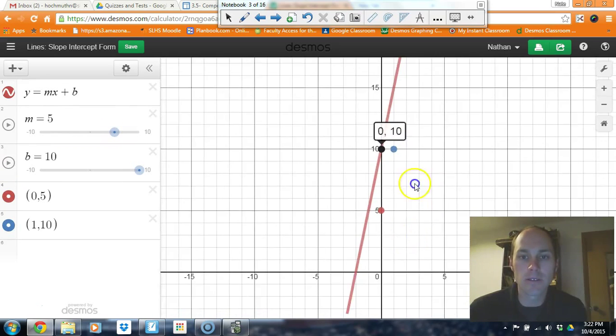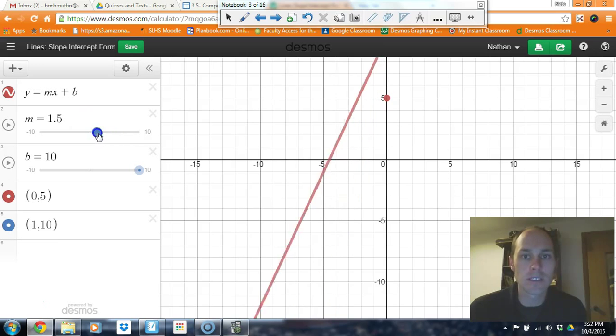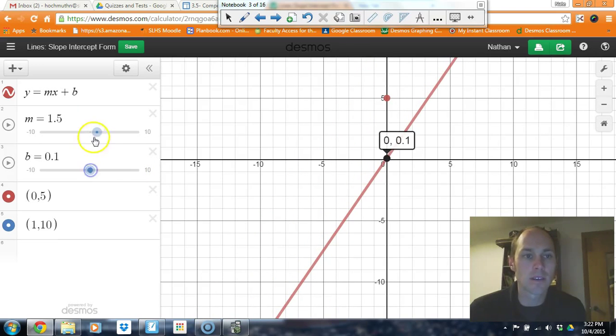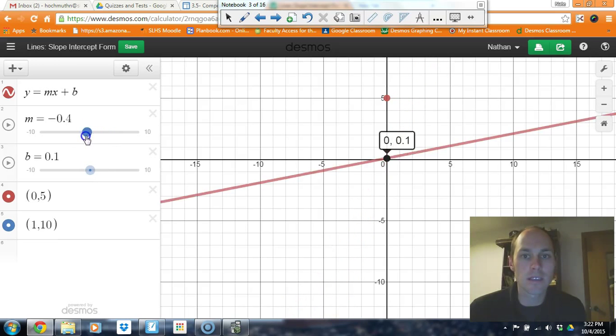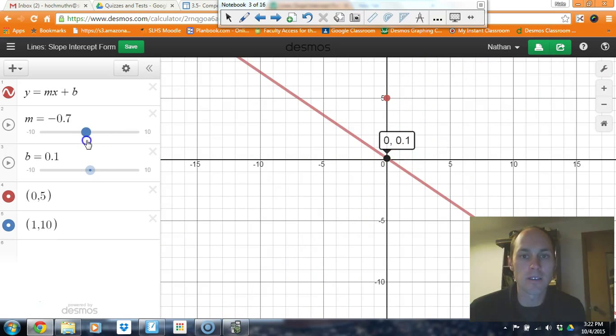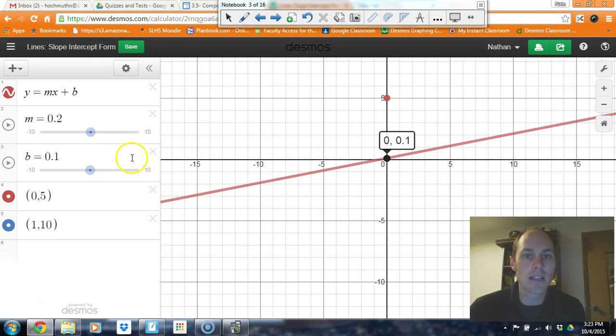The m value, notice what does the m value do? Shift this back down. It controls the steepness of the line, or the slope. So we can tell a lot about an equation.